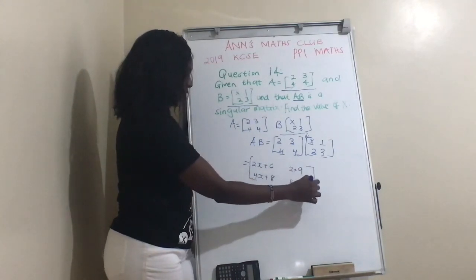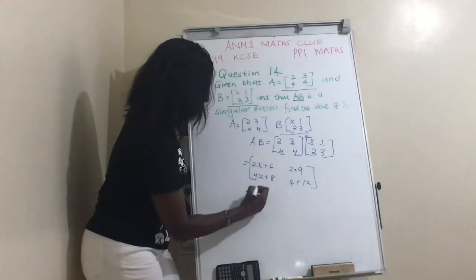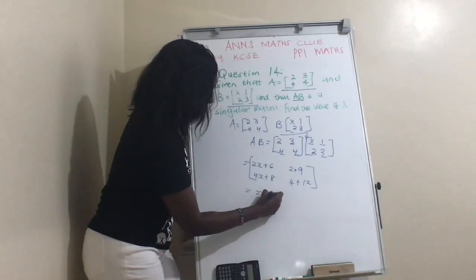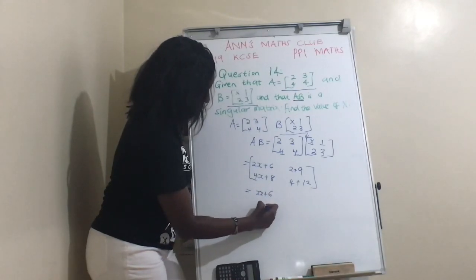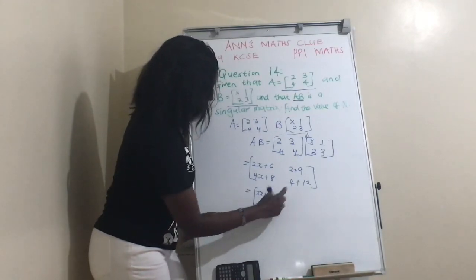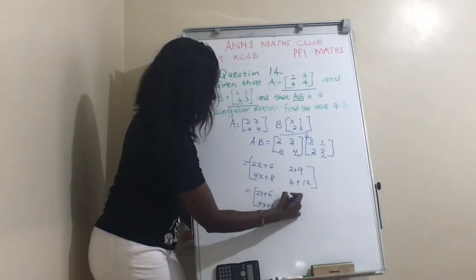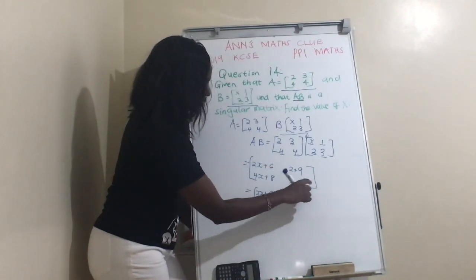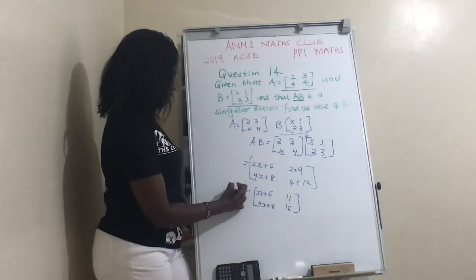This is what you have. So 2x plus 6 just remains 2x plus 6, you can't add that, and 4x plus 8. Then we are left with this other side, 2 plus 9, this is 11, and 4 plus 12, this is 16. So now this is our AB.